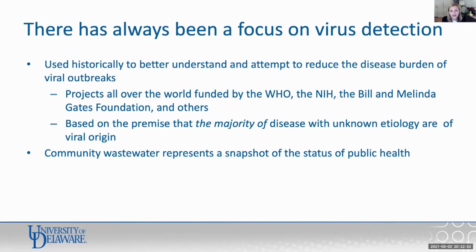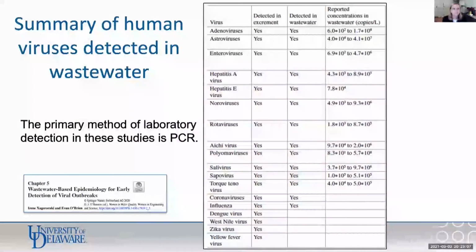And the focus on viruses is really because we have so many unknown diseases that we know are associated with viruses, but we just are not able to detect each one in each individual. And so trying to monitor that population over time is a good way to go. And really, this community wastewater represents a snapshot, if you will, of the status of public health in a certain community.